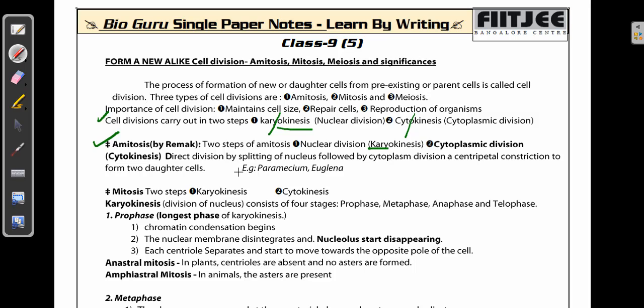Examples where we see this type of division are Paramecium, Euglena, and even budding in yeast is considered one of the examples for amitosis.